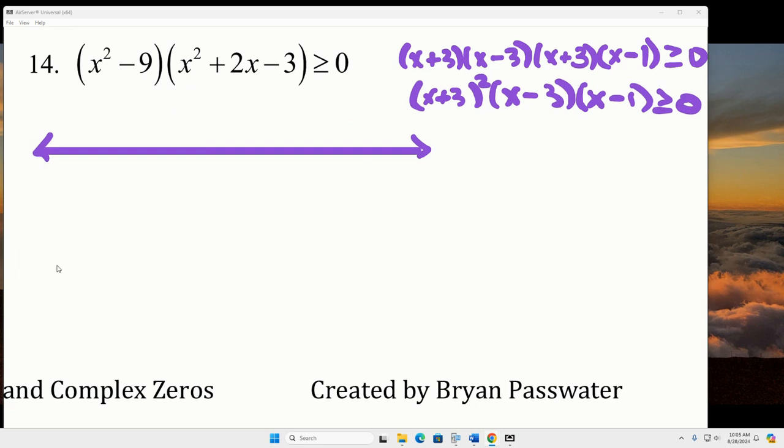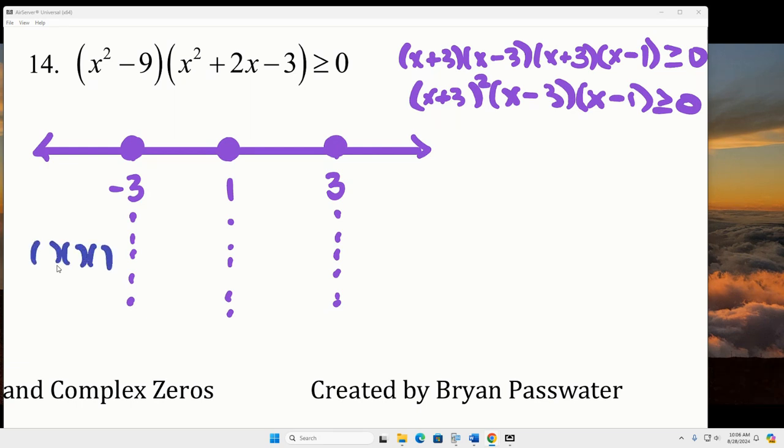So then I have my 3 zeros on my number line. I have my closed circles. Are there any of these that I can automatically make positive?